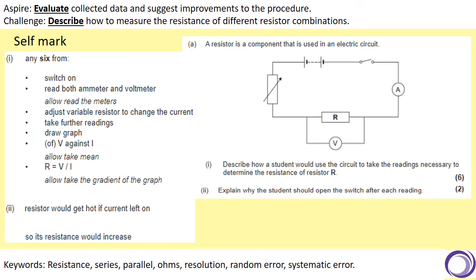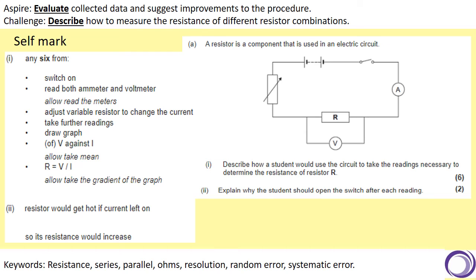Jumping down the mark scheme a little bit, you get a mark for saying you calculate resistance by doing potential difference divided by current. For any more marks, you need to talk about getting more than 1 reading. So you could take repeat readings and do a mean, that'll get you a mark.